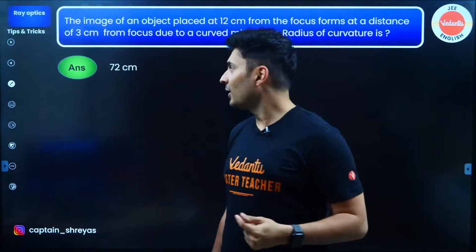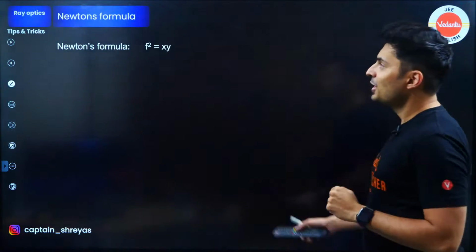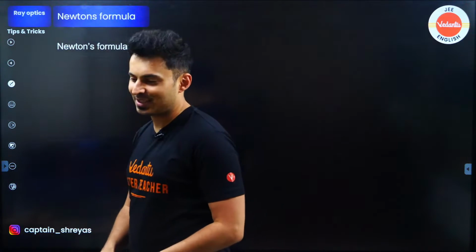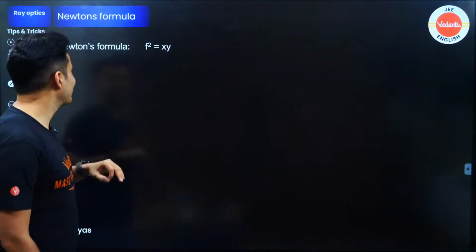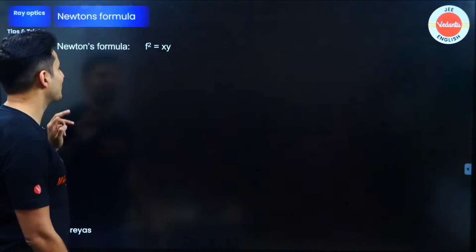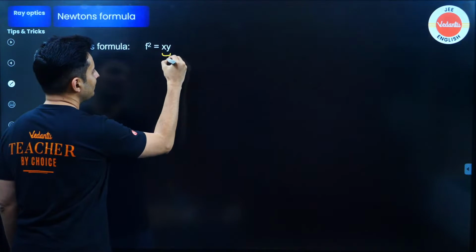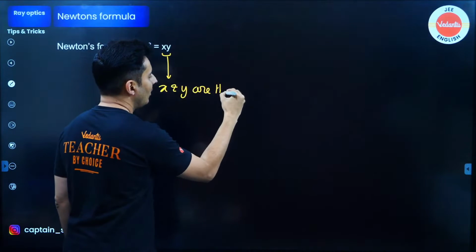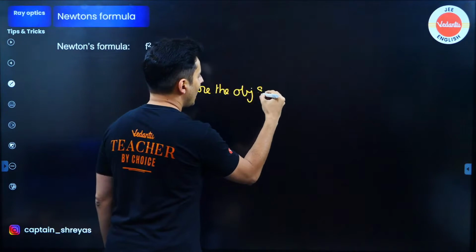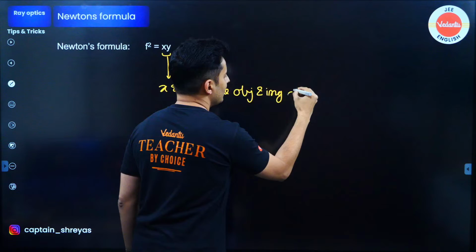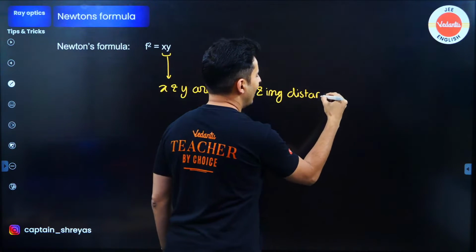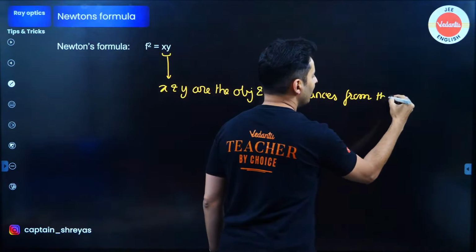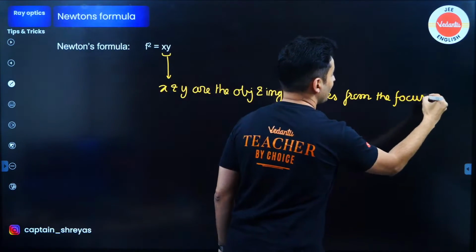If you have not heard of that, let me just show it to you. Newton's formula is F square is equal to XY. So what is this X? What is this Y? X and Y are the object and image distances from the focus.